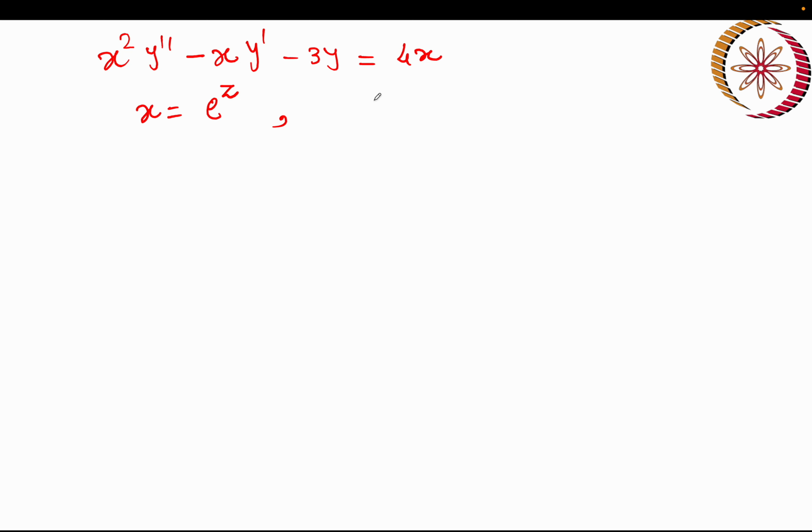Now we also need the double derivative of y, so we'll do the second derivative and use the chain rule. I will just skip this.